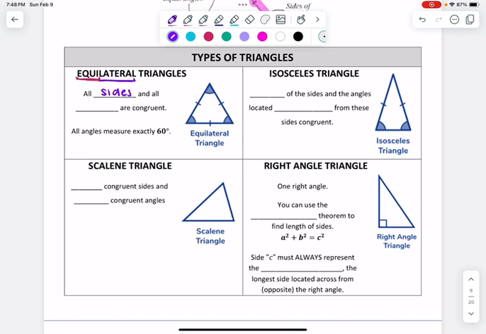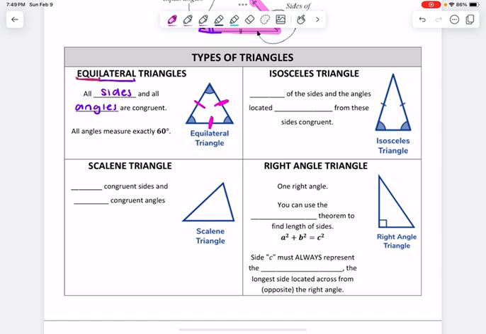What happens with triangles is whenever I have equal sides, it always comes with equal angles. This is something specific to triangles. So if all my sides are congruent, then all of my angles are also going to be congruent. I can see in my equilateral triangle diagram that all sides are equal because they all have the same markings, and all of these angles are also equal because they also have the same markings.